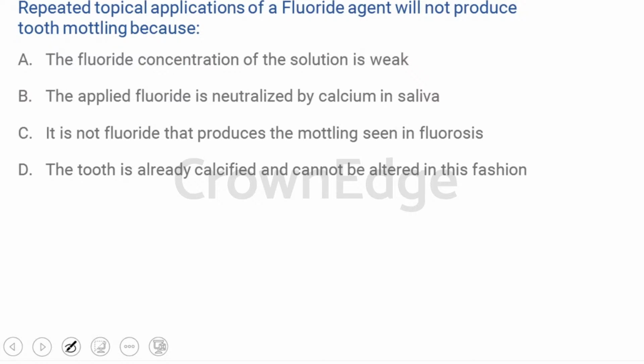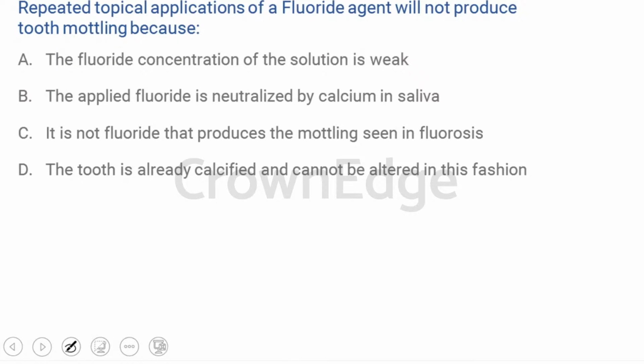But even then, tooth mottling is not seen because it is for a very short period of time. In a topical fluoride application, let's say you're using a fluoridated toothpaste, the recommended brush time is anywhere between 2 to 5 minutes. So with that short period of time, your tooth getting mottled is not going to happen.